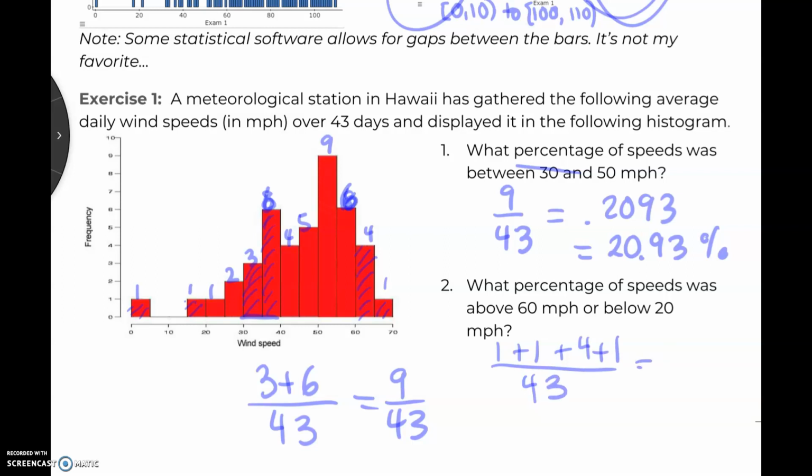That is equal to 7 out of 43, which is equal to 0.1628, or 16.28%. So simply looking at how many are in each bar, looking at the total, which is often given within the question, we can find that percentage by dividing the part by the whole.